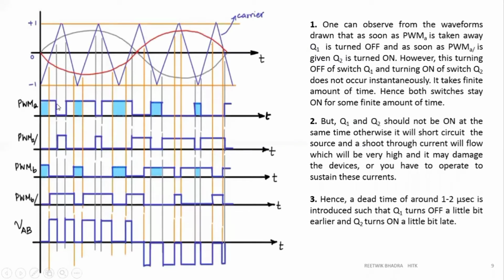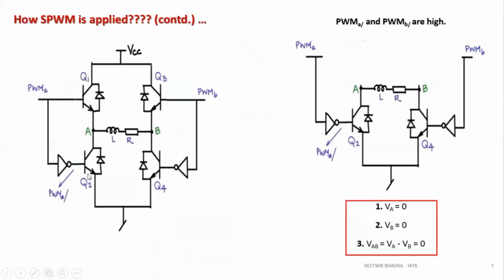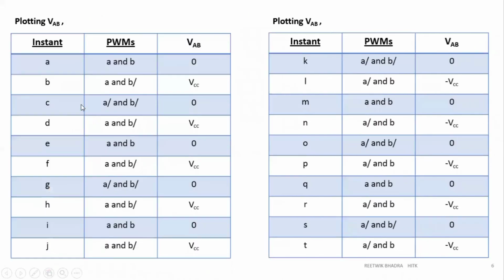So as soon as PWM A is turning off, PWM A bar is turning high. So Q1 is turning off and Q2 is turning on instantaneously. There is no delay between the turning on of Q2 and the turning off of Q1.